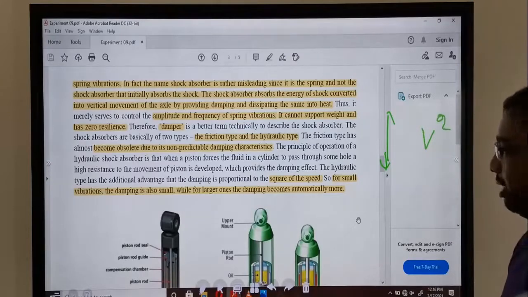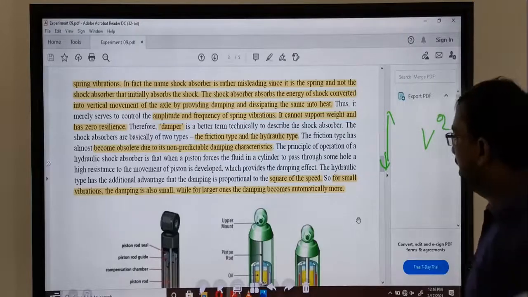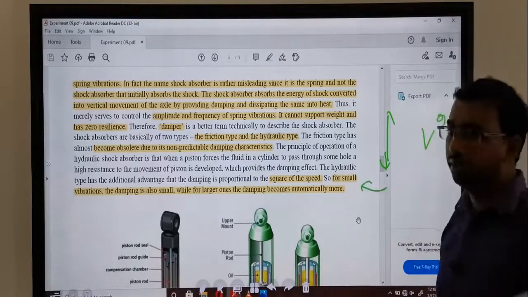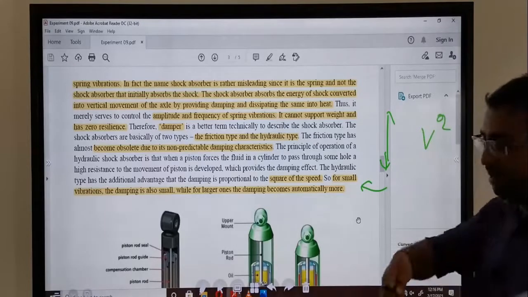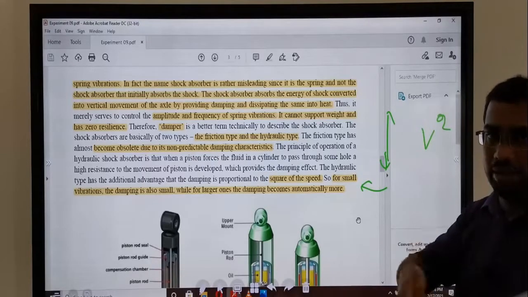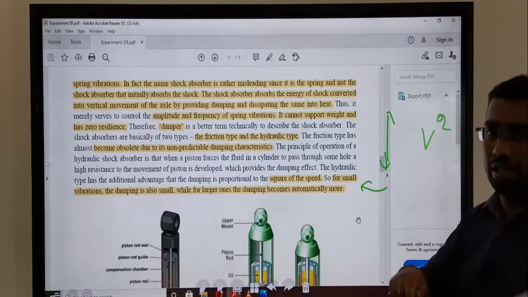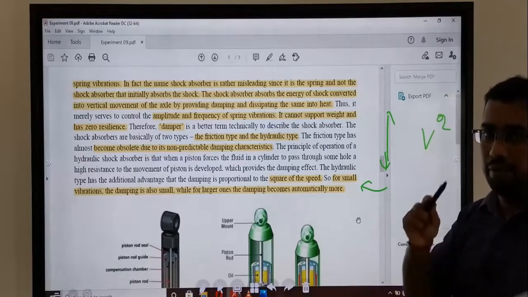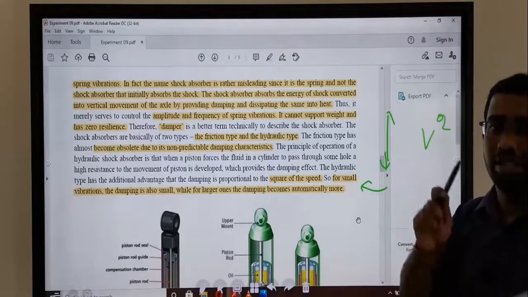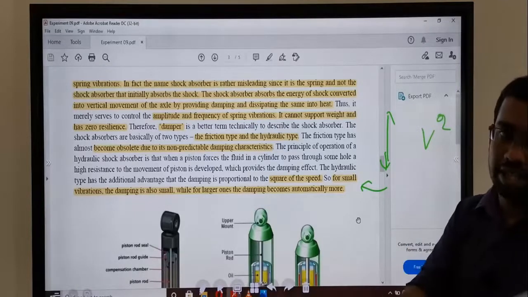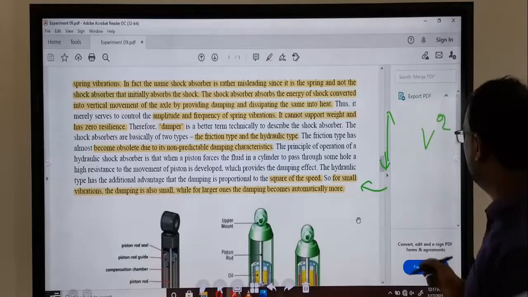So for small vibration, the damping is also small. That means when we drive the vehicle at small speed, the vibration is also small. If we drive the vehicle over a bump with high speed, when the speed increases we get high vibration.